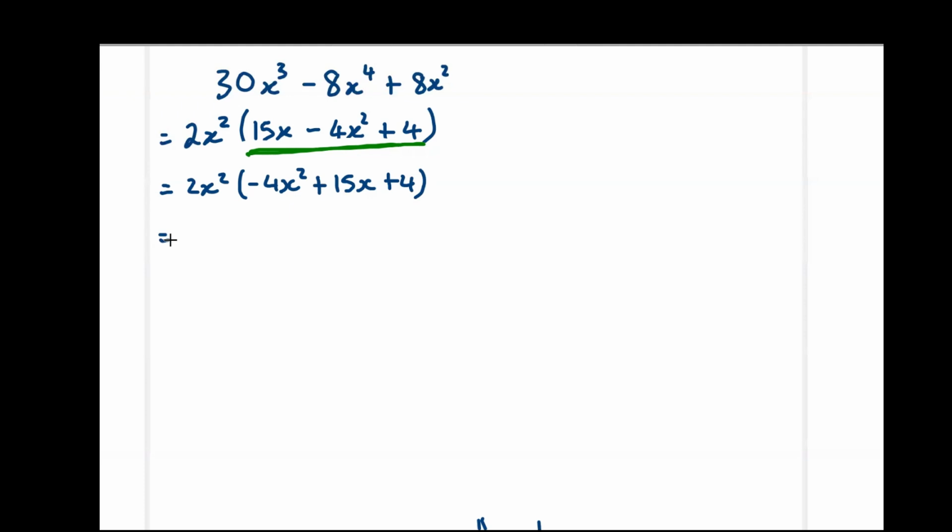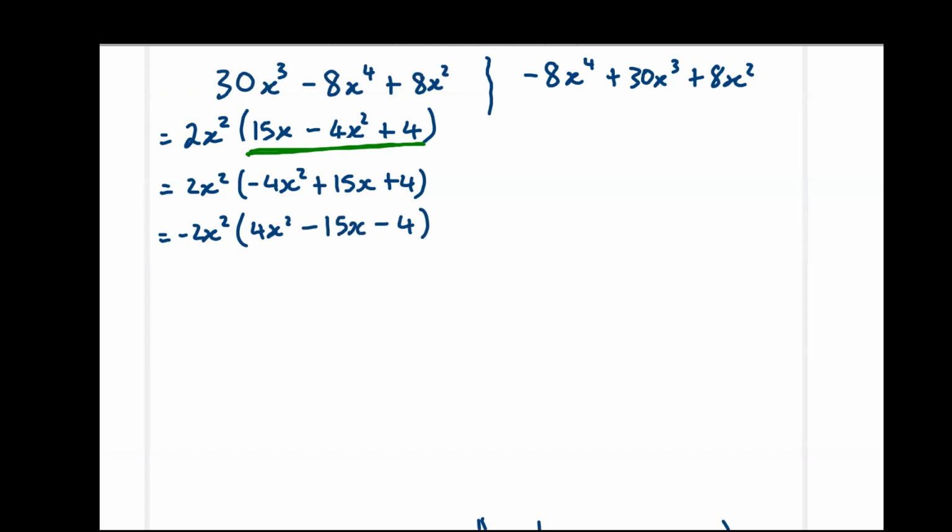Now you realize, of course, you could have picked this from the onset, which is why we actually recommend you write your expressions in descending powers of x. If you did that, you would have surely realized that, oops, I don't want the term with the highest exponent to be negative, so you would have factored out a negative as well. But it's still not the end of the world. You can do that even as you work along your trinomial. So every term now will take the opposite sign since we're factoring out a negative.